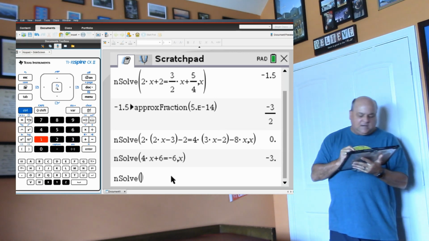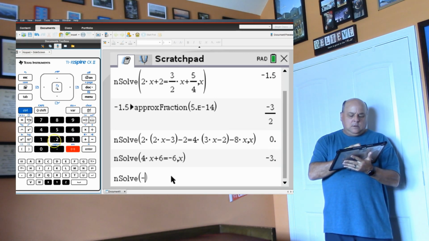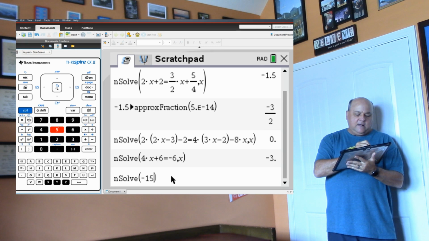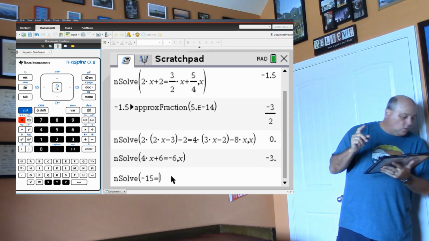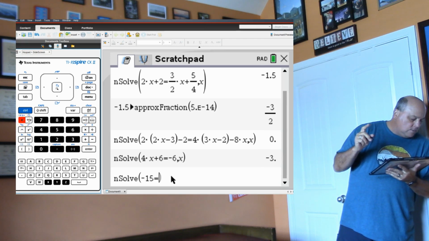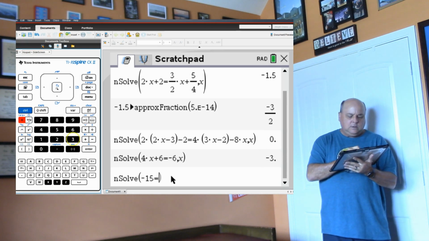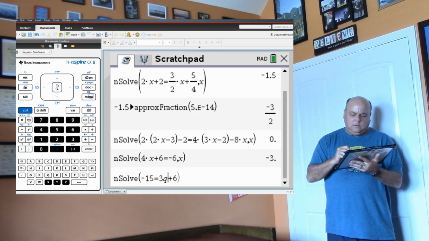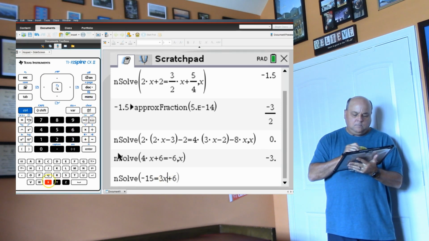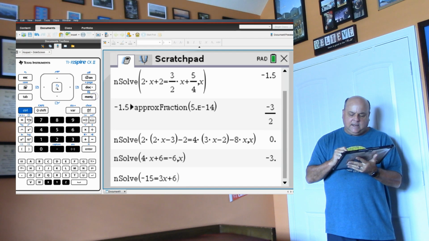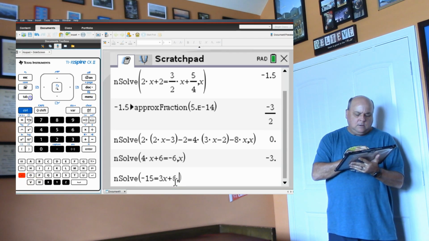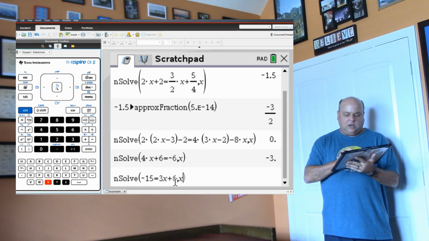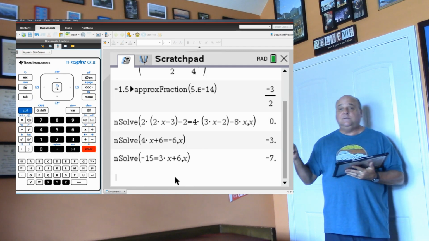So we have negative 15, and then we have equals, and then we're going to do 3x plus 6. And then x, and then I need the comma x. Okay, so I got my equation in, hit enter, and I get negative 7.